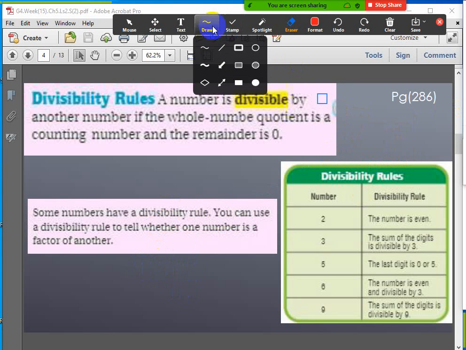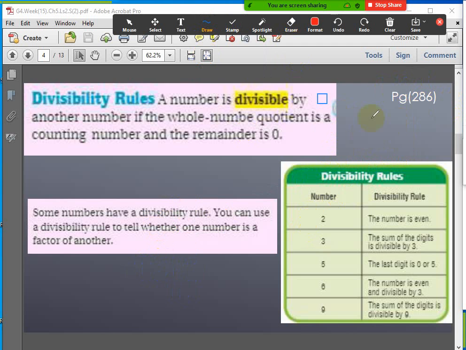I want you to open page 286 and please take your pencil now and follow me. Divisibility rules. A number is divisible by another number if the whole number quotient is a counting number and the remainder is 0.